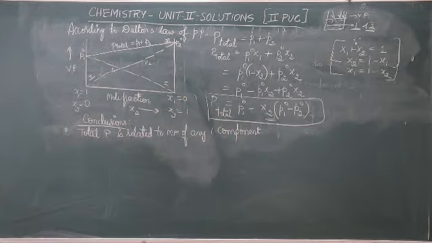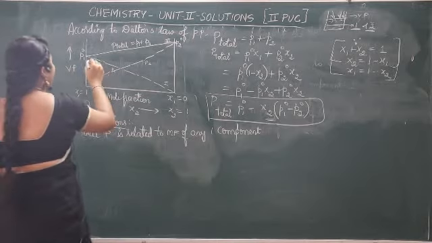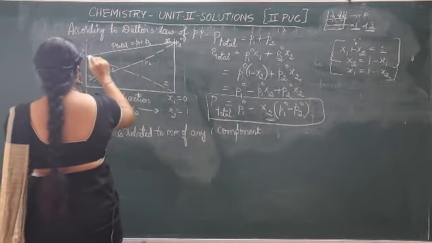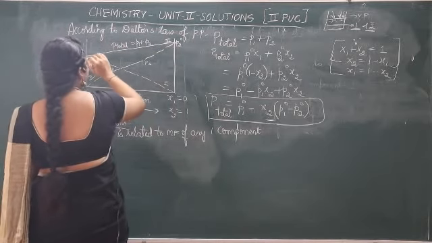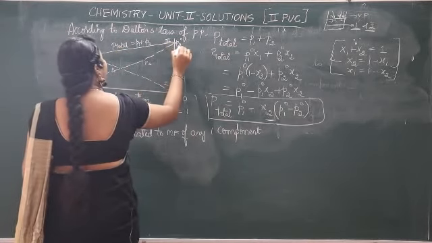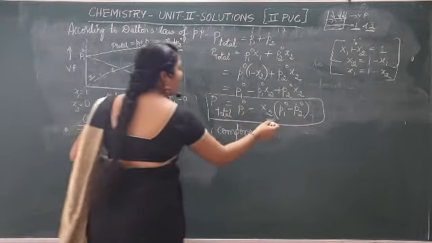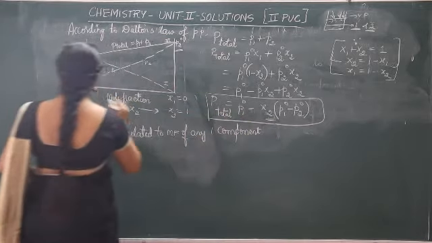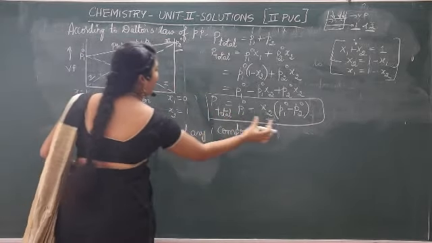Next point is, here if you see, the total vapor pressure of the solution varies linearly, linearly meaning like a straight line, with the mole fraction of component 2. Isn't it? We have plotted a graph with this, that is total pressure versus mole fraction.